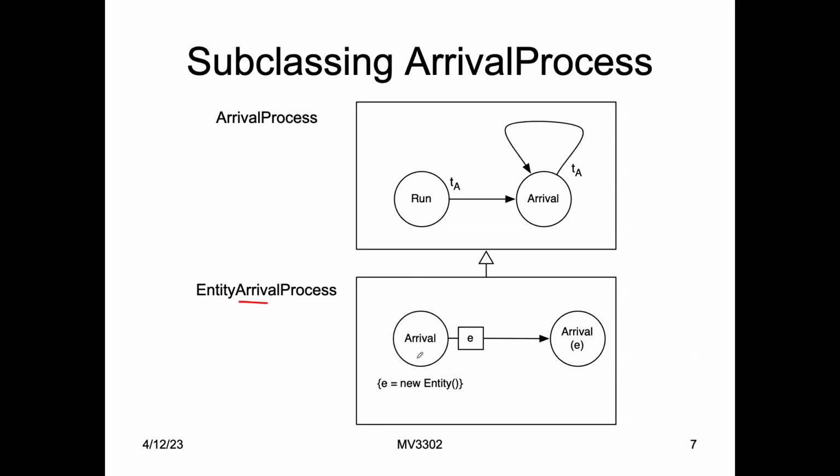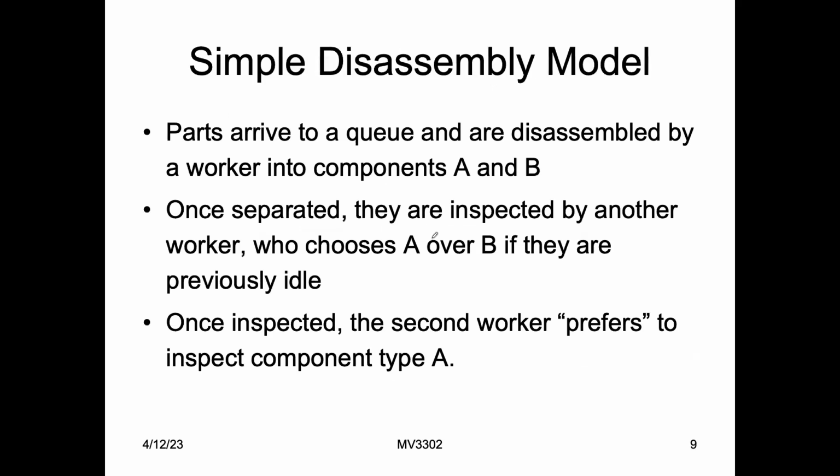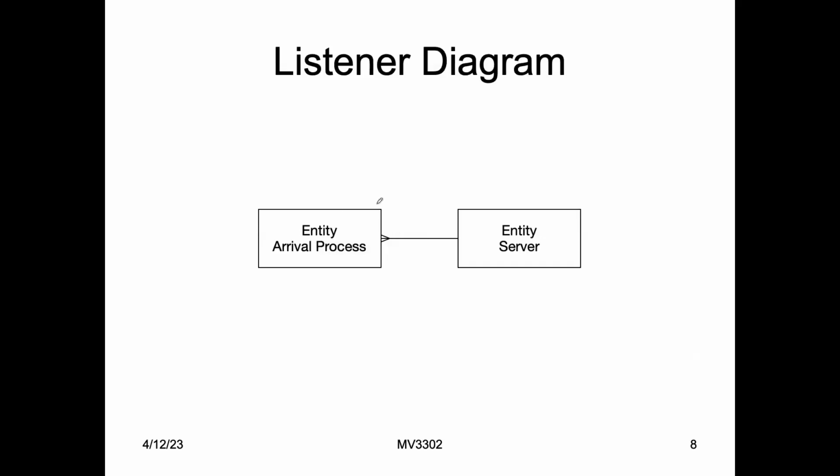Whenever an arrival happens, we instantiate a new entity and pass that entity to an arrival event that has an argument E. In Python, which doesn't support overloading, we have to use a slightly different name. I'll show you what that looks like for the Python people. But basically the listener diagram is the same as the simple listener diagram.